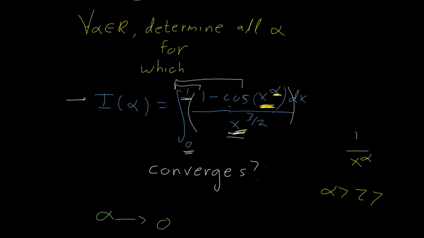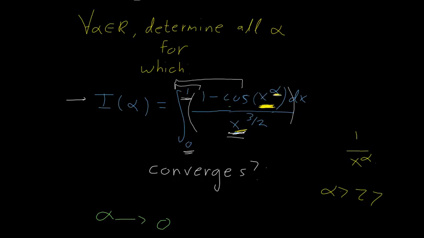When alpha is positive, the inside of the cosine becomes small near 0, of course. Because it's like saying 1 minus cosine of, let's say this whole thing, x to the alpha, went to 0. Cos 0 is 1, so 1 minus 1. You can see that the numerator is approaching 0 fast.